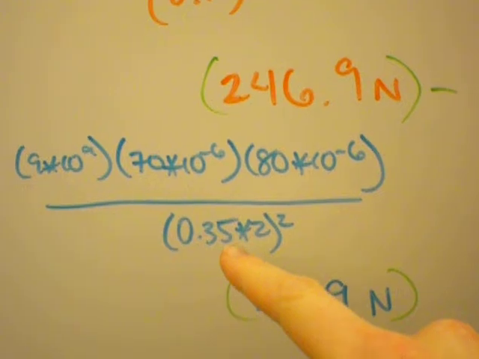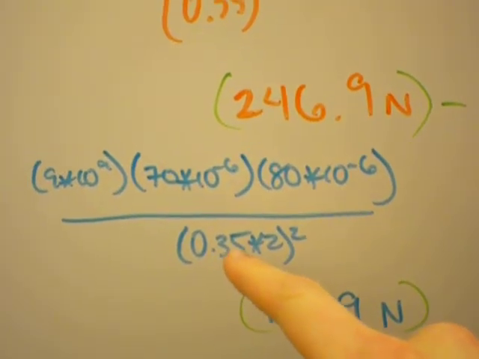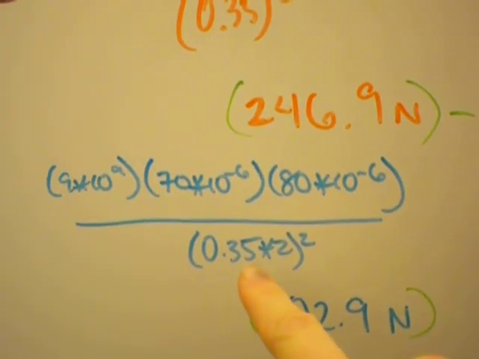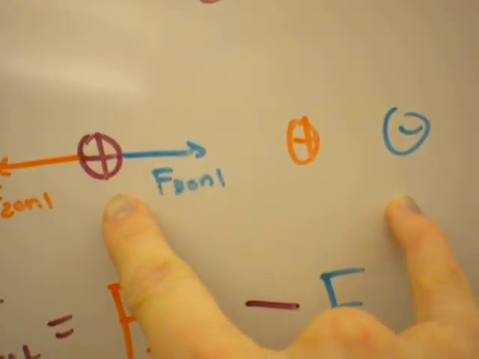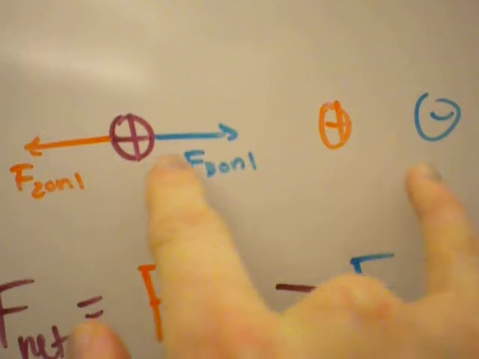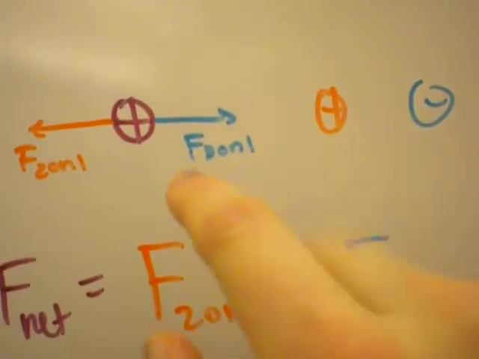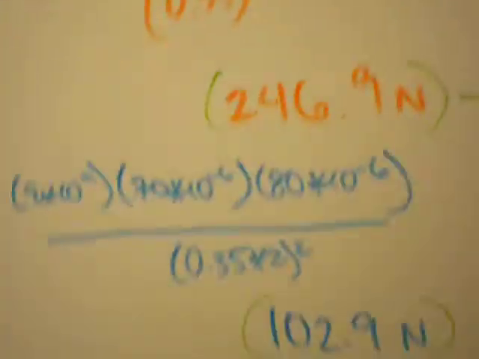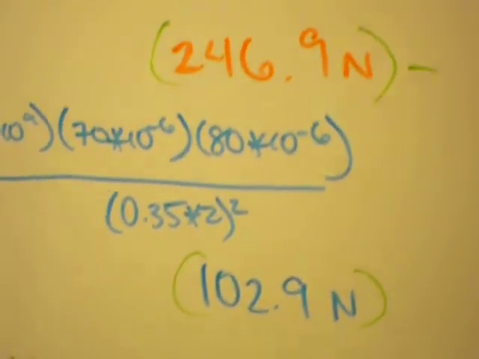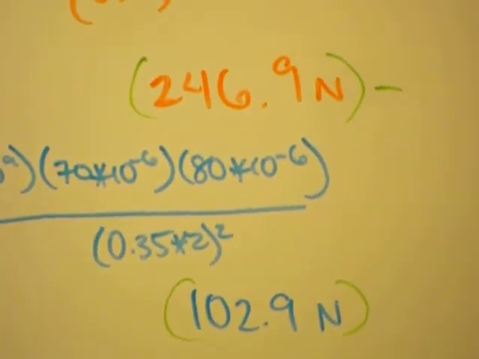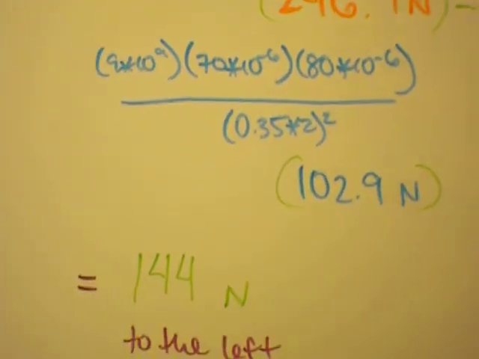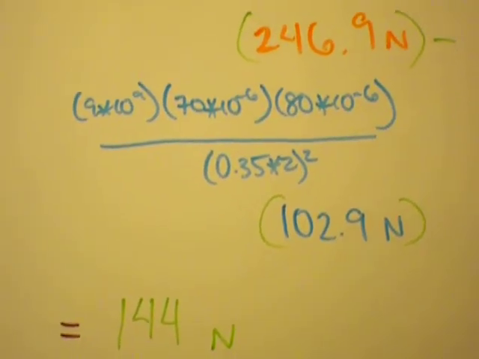And also notice down here, we have the distance between the two charges. The distance between these two is doubled, not in this picture, but in the original problem it's twice as much as this. So that equals 102.9 newtons, and the difference between those two is 144 newtons.